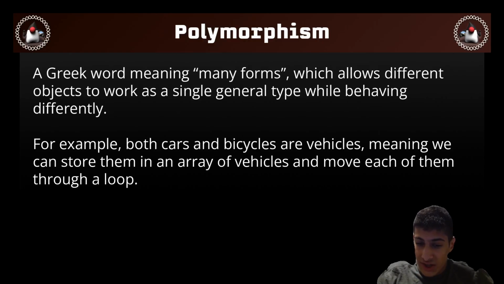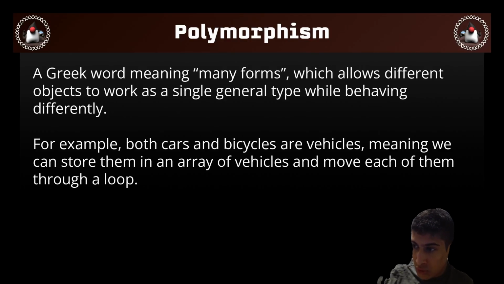This customization of behavior that method overriding allows us to do also enables us to use a concept called polymorphism. So polymorphism is a Greek word that means many forms, and it allows different objects to be treated as the same general type, but behave in a unique way.